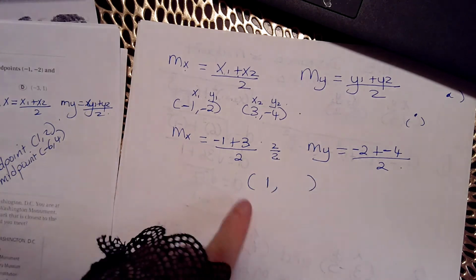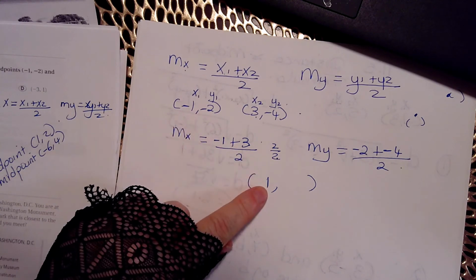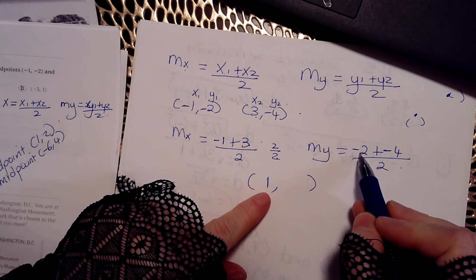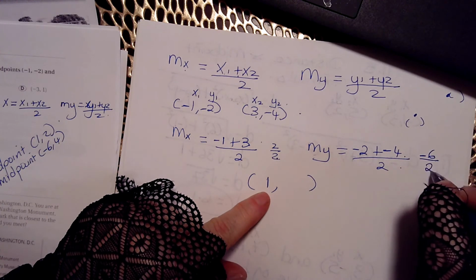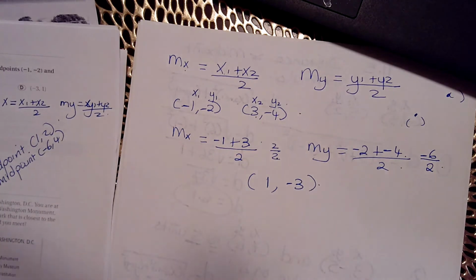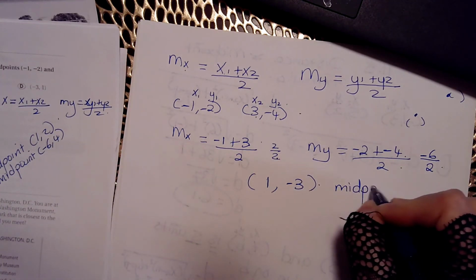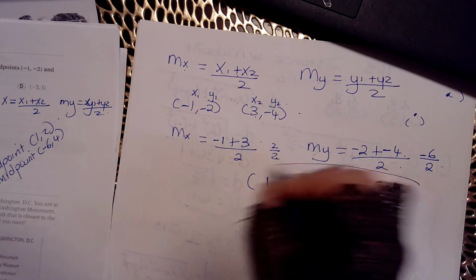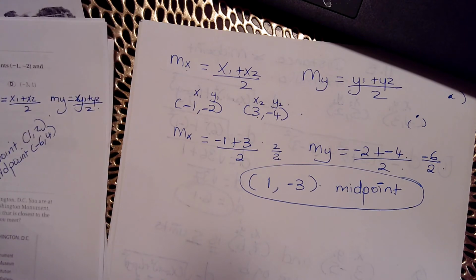So that means the midpoint of x is 1. Now the midpoint of y is -2 plus -4, which is -6, divided by 2, and that's going to give me -3. So that is my midpoint, okay? The center point between those 2 ordered pairs is (1, -3), okay?